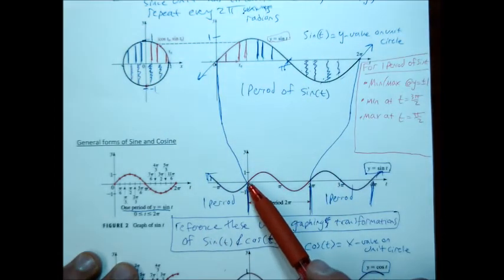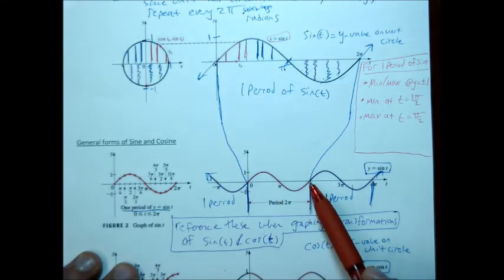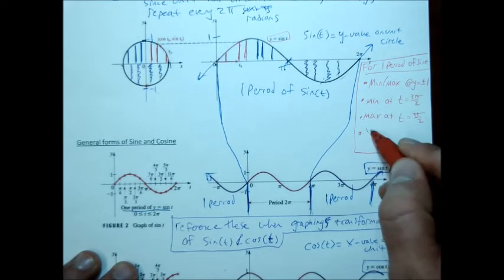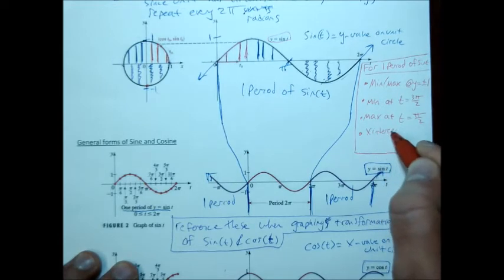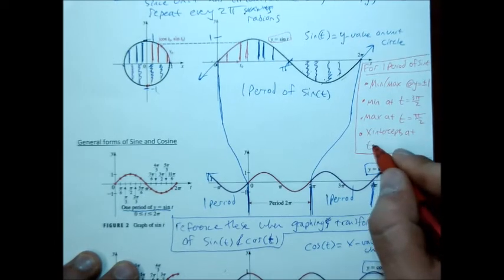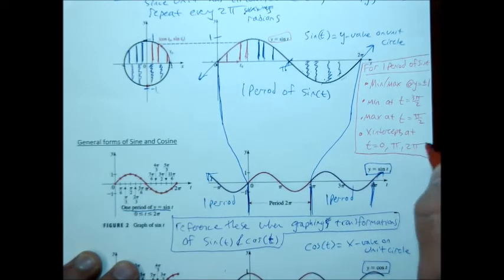Because again, sine is the y value, and that's where those y values occur. And so the x-intercepts for sine are at t equals 0, t equals pi, and t equals 2 pi.